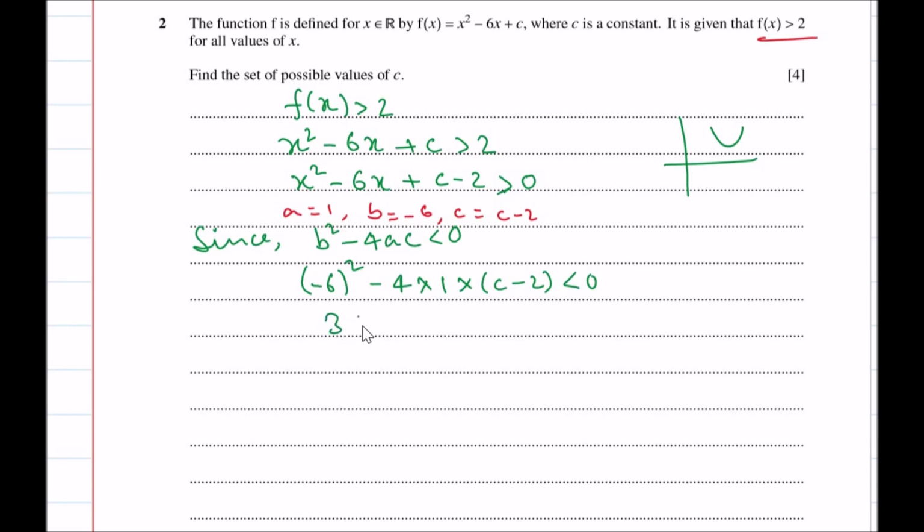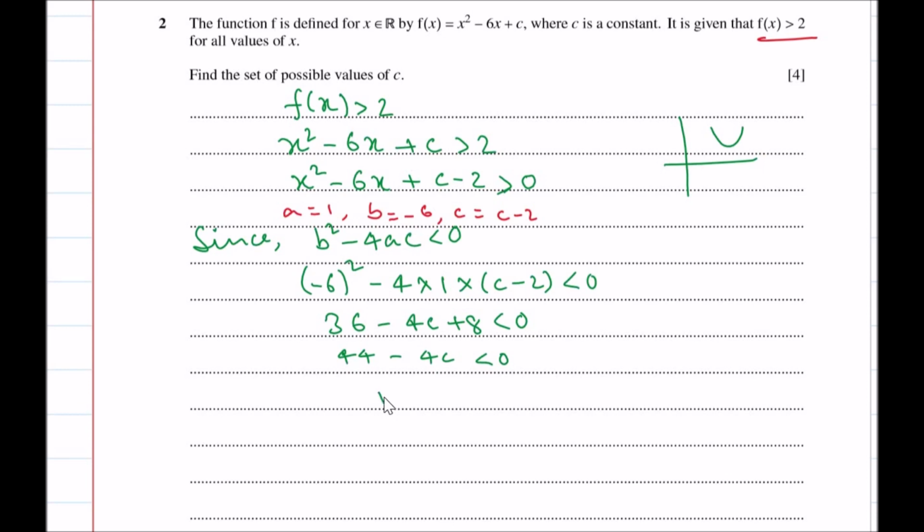So 36 minus, now 4c plus 8, less than 0. So 36 plus 8, that becomes 44 minus 4c less than 0.